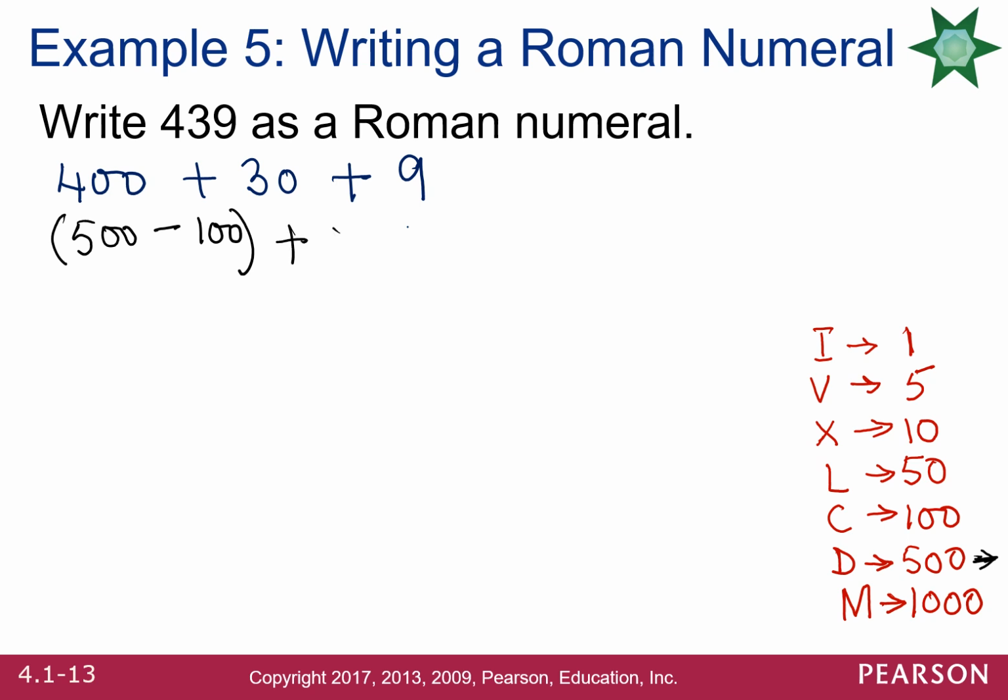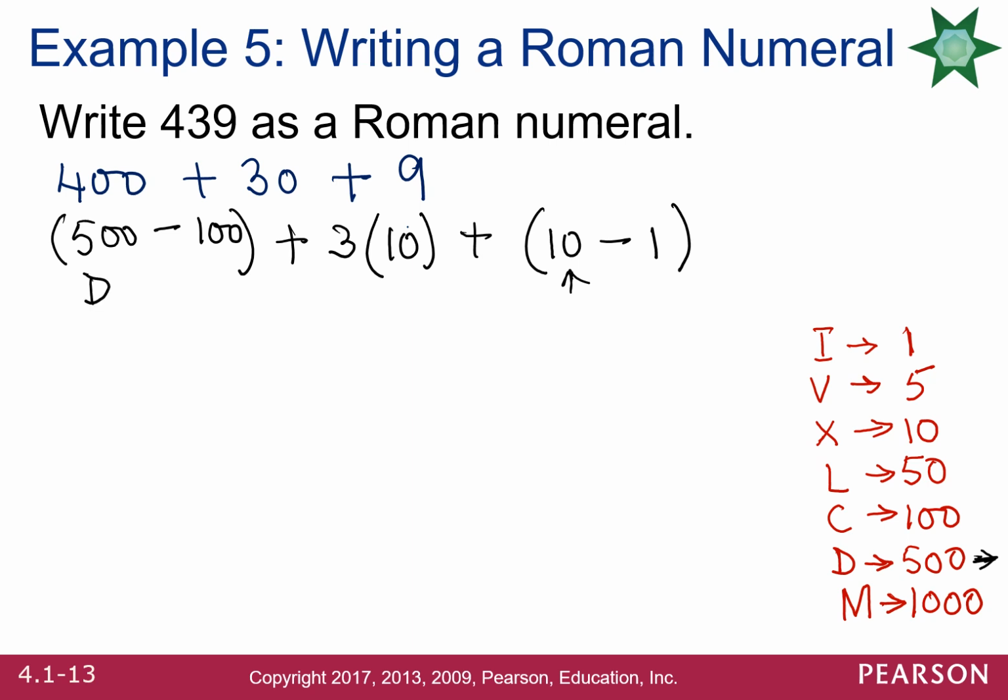Plus, this is 3 tens, correct? And this one we have to represent in the form of 10 minus 1, because we have a way of representing 10, and we have a way of representing 1 with the I. So let's fill in these values here.